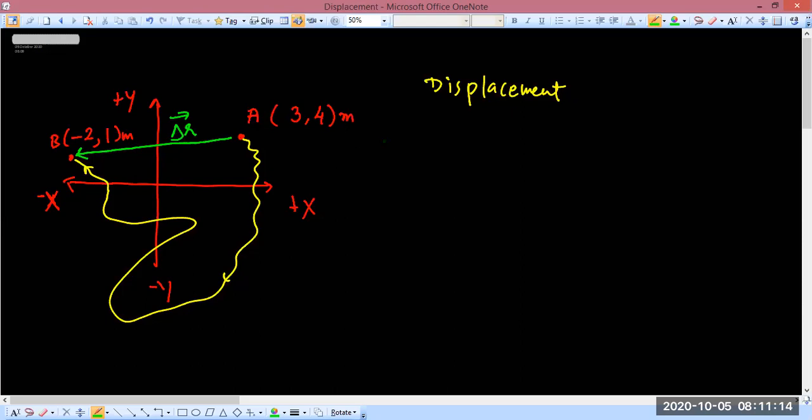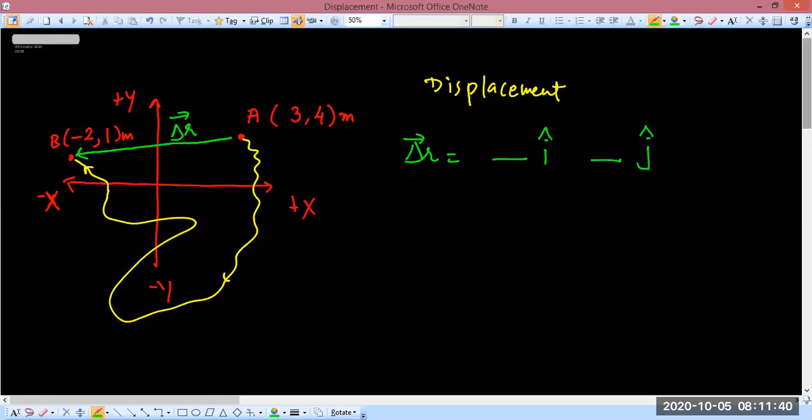If you consider only the maths right now, I want to write this in form of i caret and j caret. That's what all of you should learn. This is a very important notation. So if we want to write this vector in form of i caret and j caret, how would we write it?